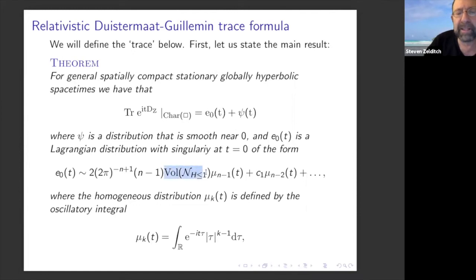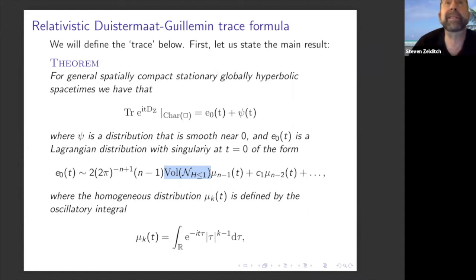Here you see that the leading coefficient is the volume within the space of null geodesics, where the symbol of Z is less than or equal to 1, where this Clairaut integral is less than or equal to 1. So this plays the role of the unit co-ball bundle inside of the space of null geodesics.